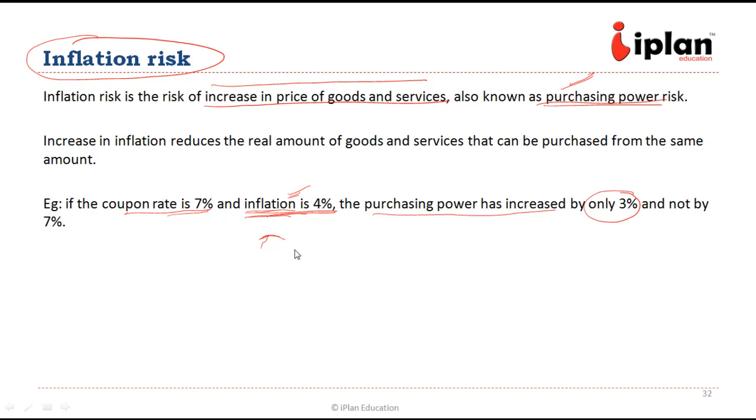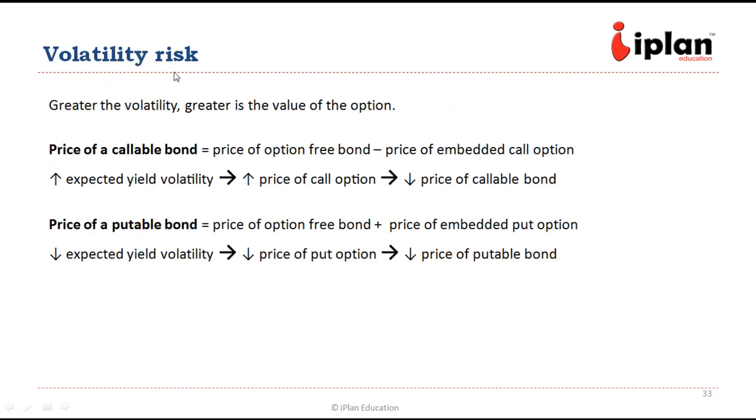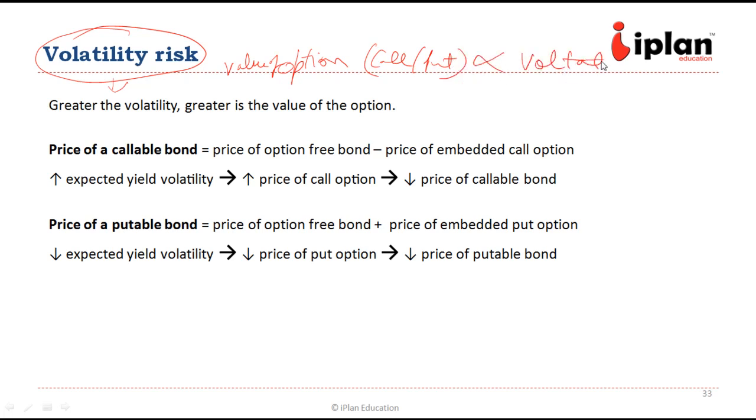Now let us move to the next slide, which is about the volatility risk. So volatility is applicable when we are having an embedded option in our bond. So as we know, the value of an option, whether it is call or put, is directly proportional to the volatility of underlying.